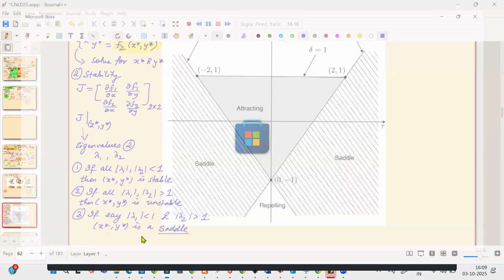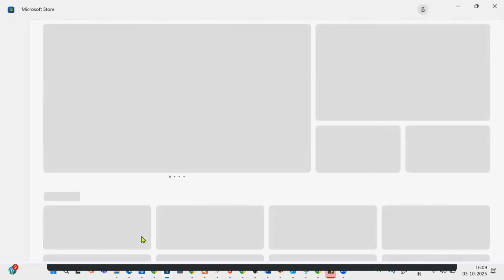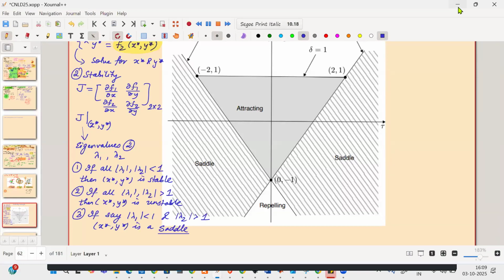That means it has mixed behavior, right? This is exactly the same idea as in 1D maps, okay? However, geometrically it is very interesting.